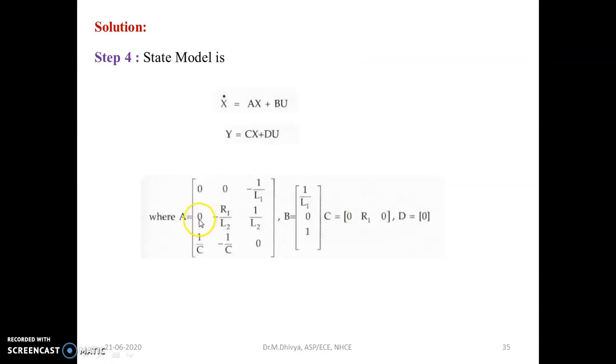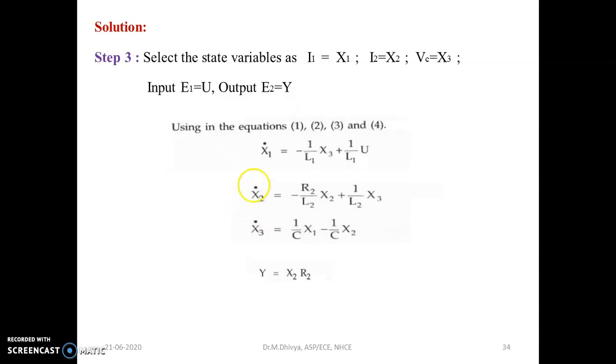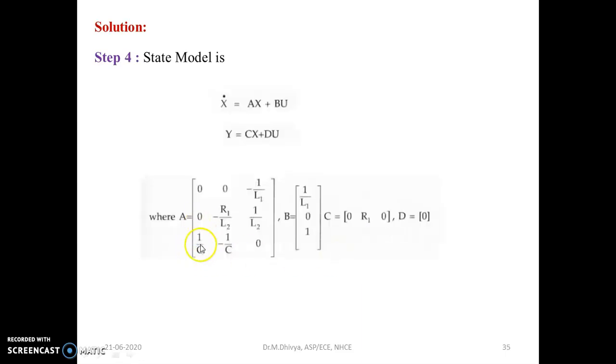Hence, the second row is 0, minus R1 divided by L2, 1 divided by L2. And similarly, the third row is obtained from the third differential equation. x1 is there, x2 is there, x3 is 0. So it is 1 divided by C, minus 1 divided by C, and 0.